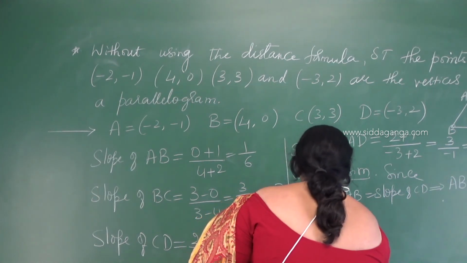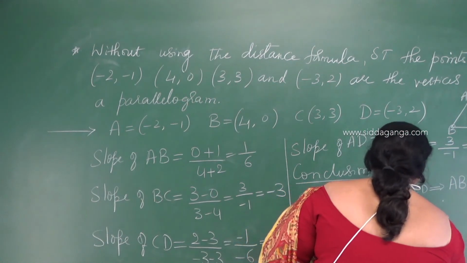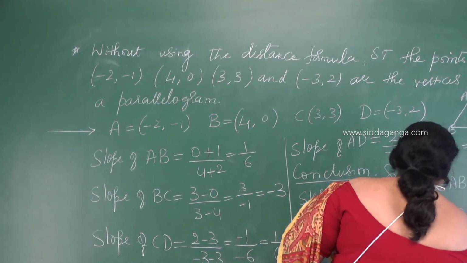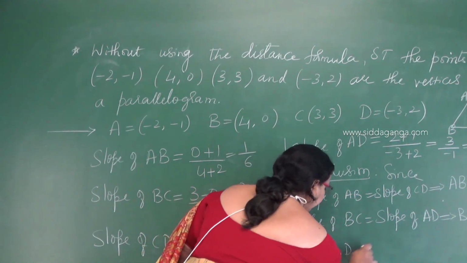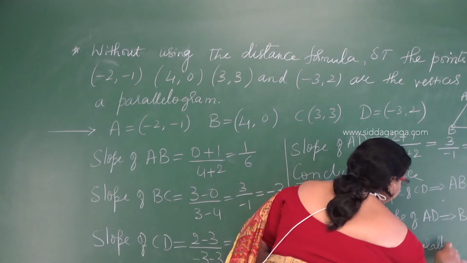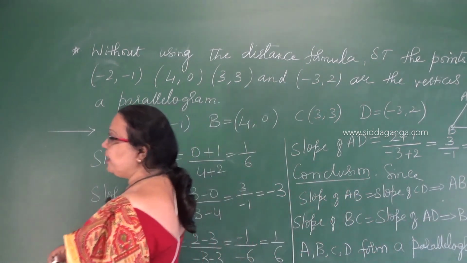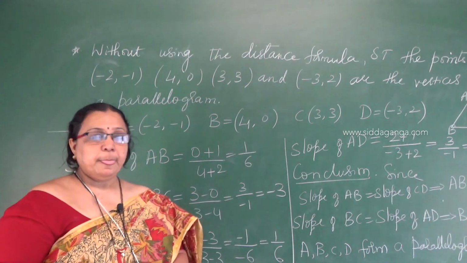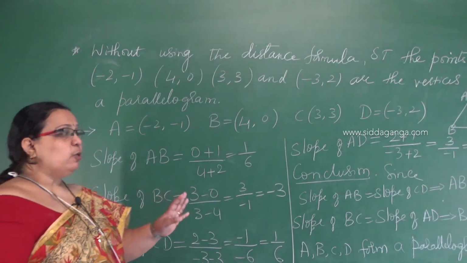Slope of BC equals slope of AD, so BC is parallel to AD. Therefore the given points A, B, C, D form a parallelogram. So that is the method to show that the given 4 points form a parallelogram with the slope concept.